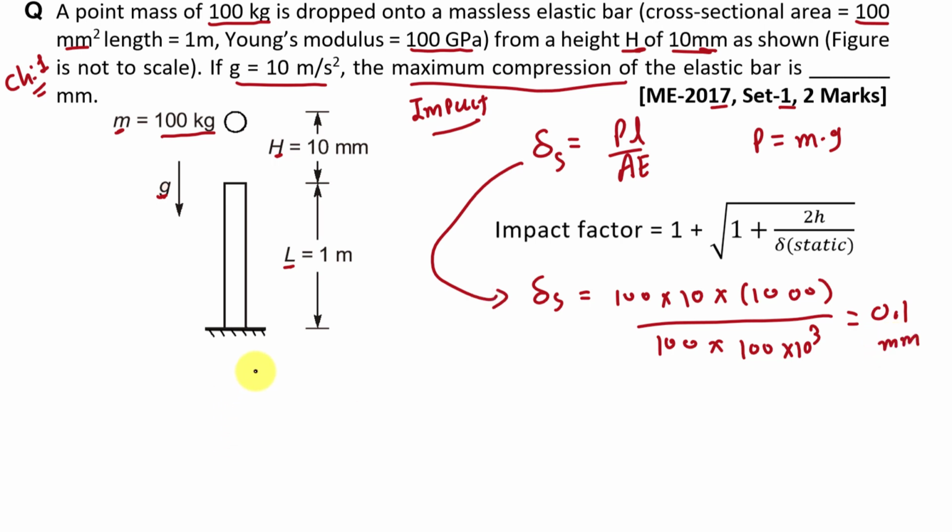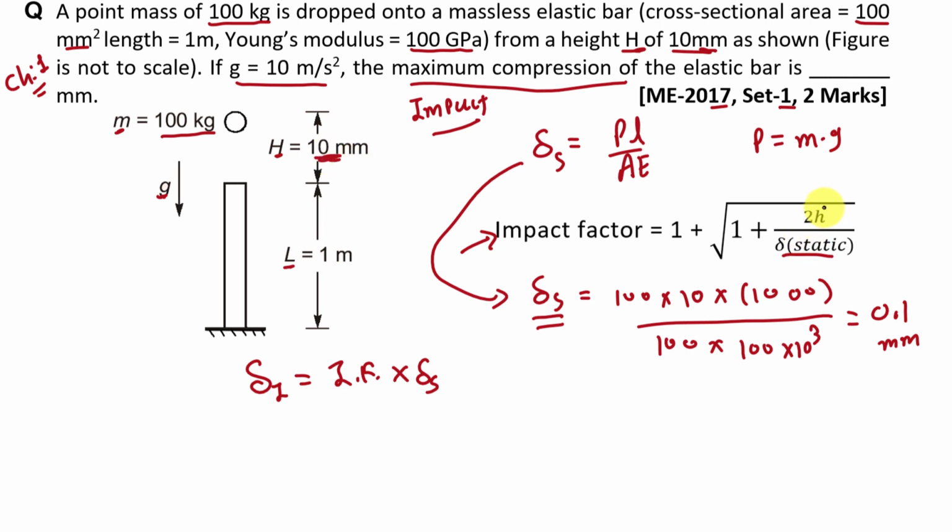Now we know that delta impact is equal to impact factor into delta static. Here we have value of delta static. Now we have to find out impact factor from this equation. In this equation we have value of delta static, that is 0.1 mm, and we have value of height, that is 10 mm.